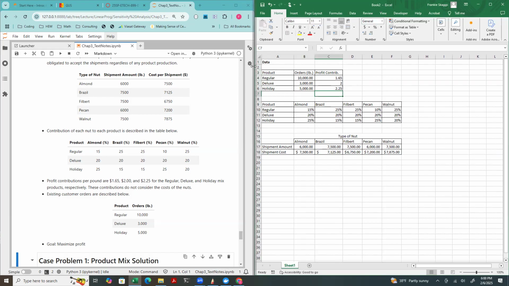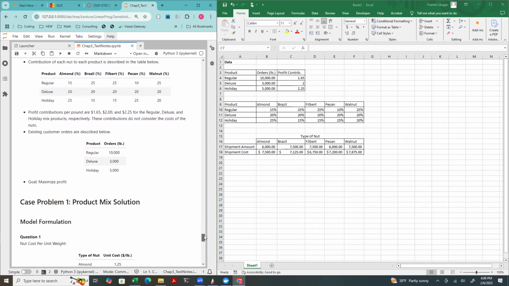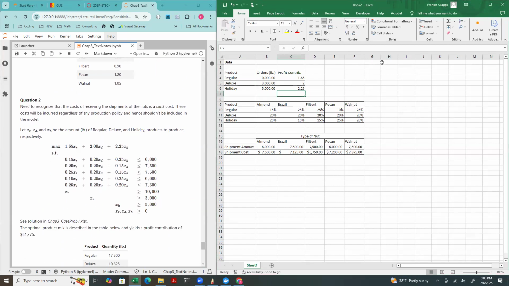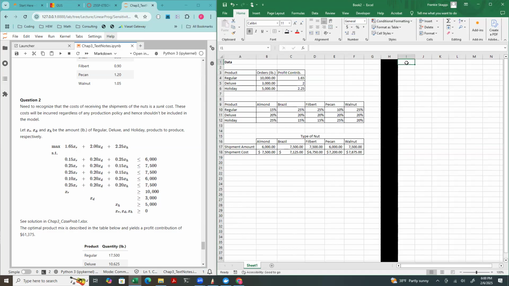All right, so if I can slide this over a little bit, I'll be able to show our model as well. So for the model, we'd have decision variables.